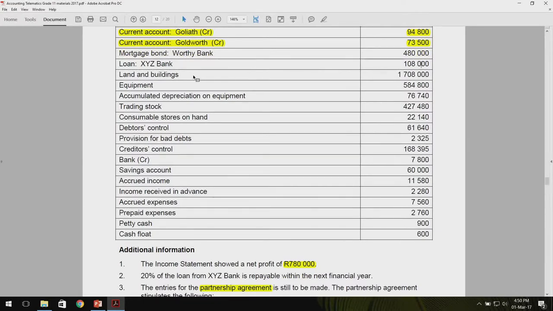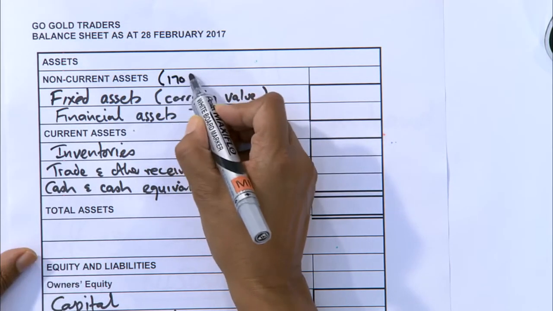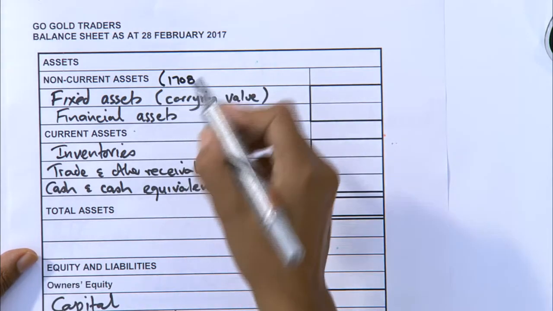So there we go. I want fixed assets at carrying value. So how do I get my carrying value? I say land and buildings, which is that amount, plus my equipment minus my accumulated depreciation. So I'm going to say that plus that minus that to get carrying value. Remember, carrying value is cost minus accumulated depreciation. I'm going to put my amount in brackets on top because I don't have space at the bottom. So it's 1,708,000 according to my information.